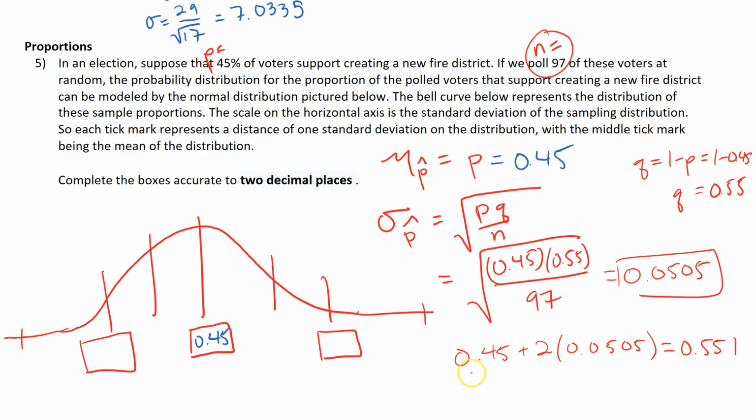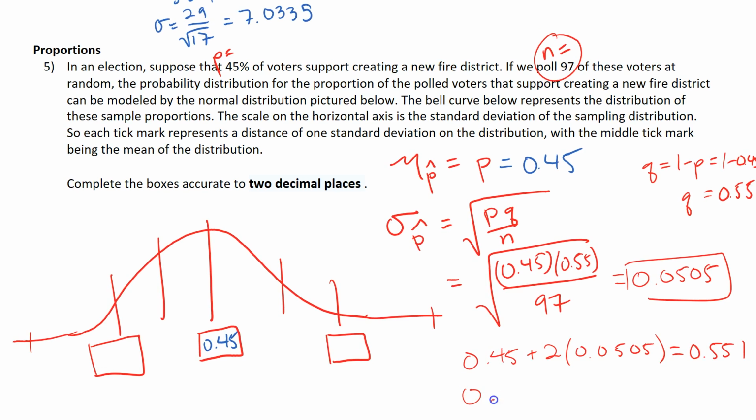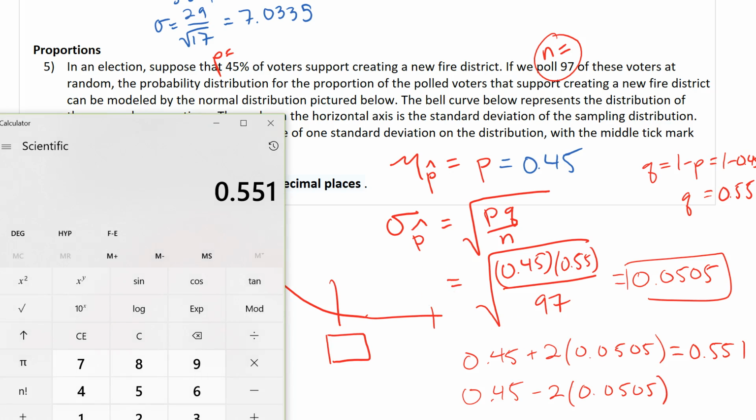And then if we go down 2 standard deviations to get the lower box, we go down twice the standard deviation size. That's 0.45 minus twice the 0.0505, and I get 0.349.